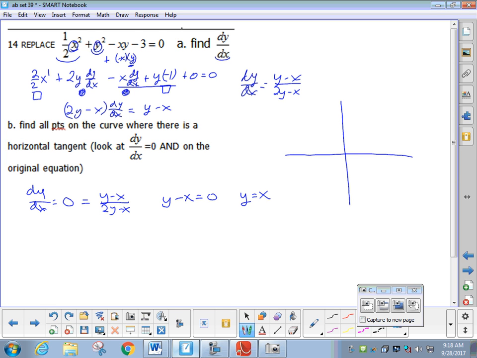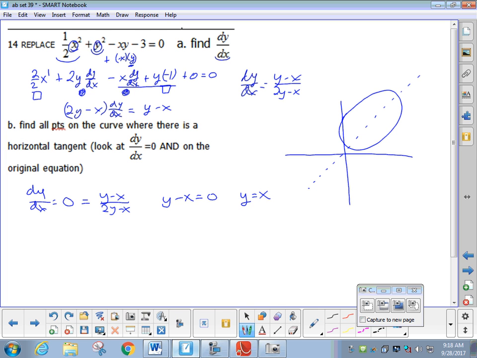This is where visuals kind of fail. Any point where y equals x would be here, right? You agree? Unfortunately, that's not what the original curve looks like. The original curve is some crazy ellipse that's rotating. All right? We haven't talked about that, so you'll have to take my word for it. But the ellipse might look like this.